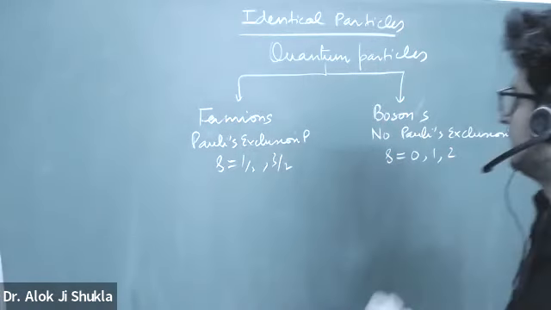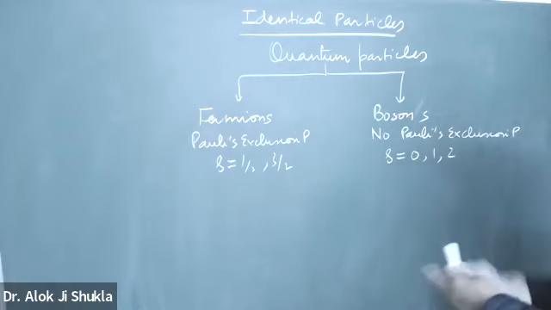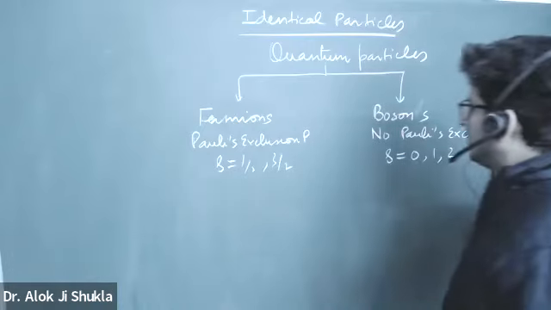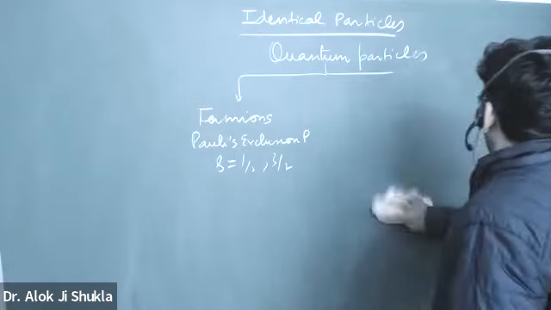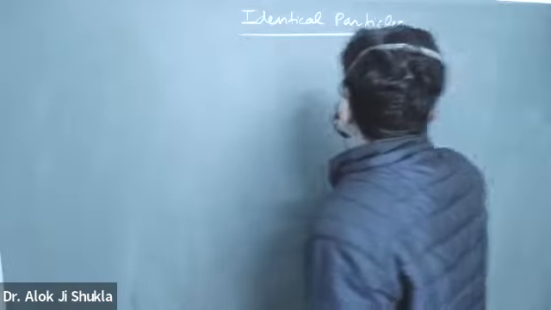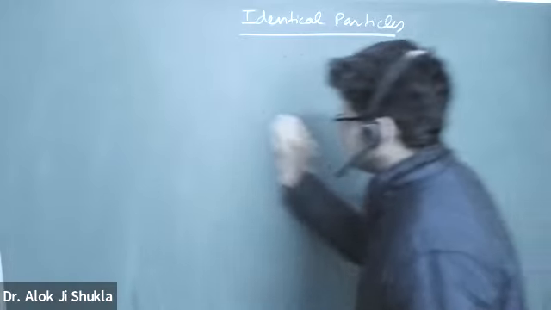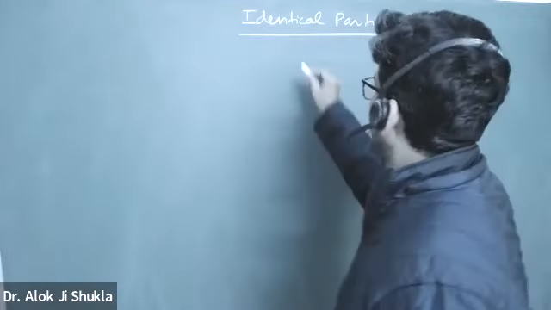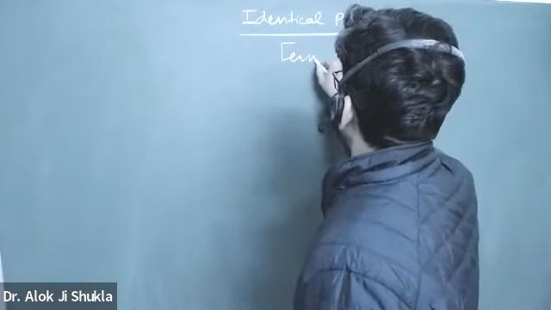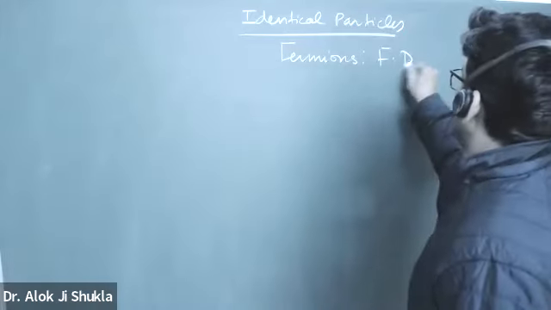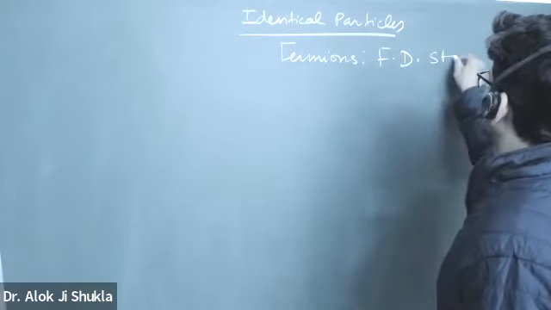So the first one is, this is clear? So अगर शुरुआत करते हैं fermions से, let us begin with fermions. So fermions will follow Fermi-Dirac statistics.